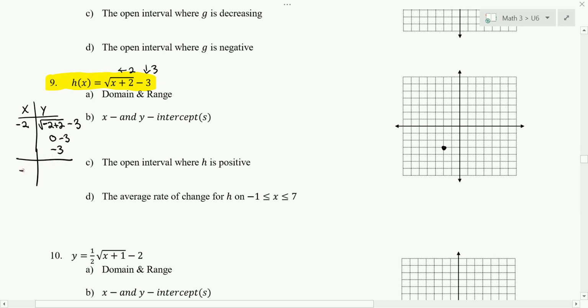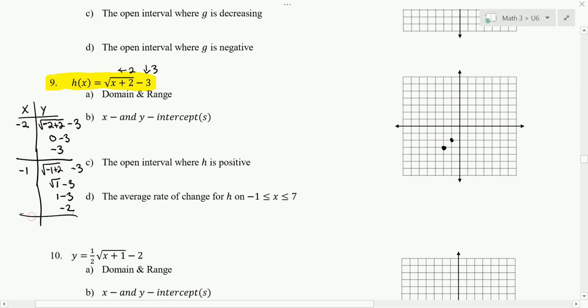Next, I'm going to plug in a negative 1, because when I do, I end up with the square root of 1, because negative 1 plus 2 is 1. So the square root of 1 minus 3 is 1 minus 3, or negative 2. So (negative 1, negative 2).